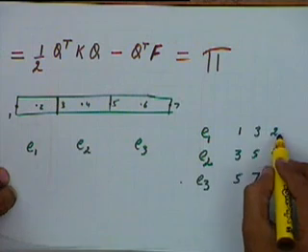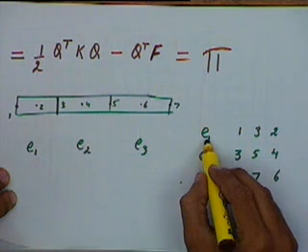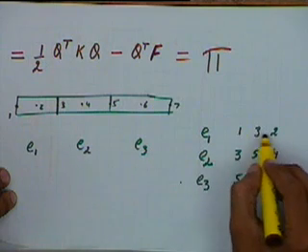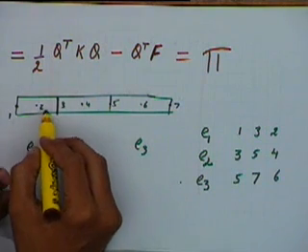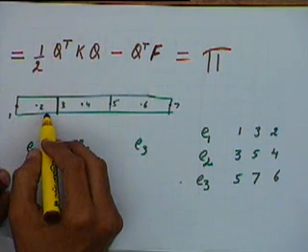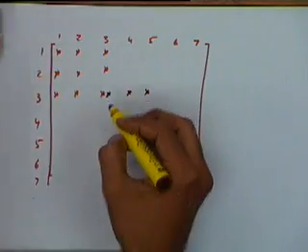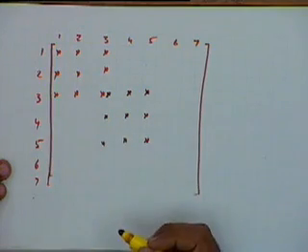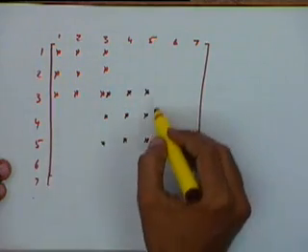I am writing this as 1, 3, 2 and not as 1, 2, 3, because the second node for this element E1 is node number 3. I can't interchange these numbers here. If I interchange them, all my forces etc. will go wrong. So element 2 is between 3, 5 and 4. Stiffness matrix for the first element will take these 9 locations, second element will take these 9 locations.